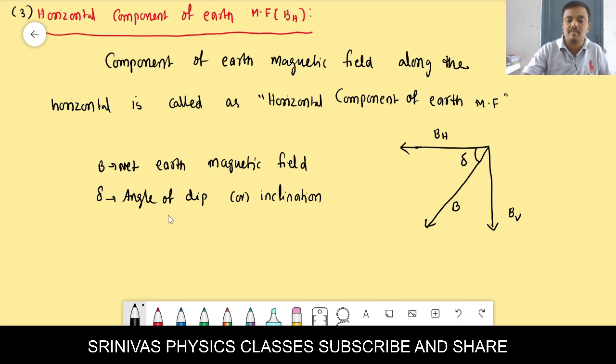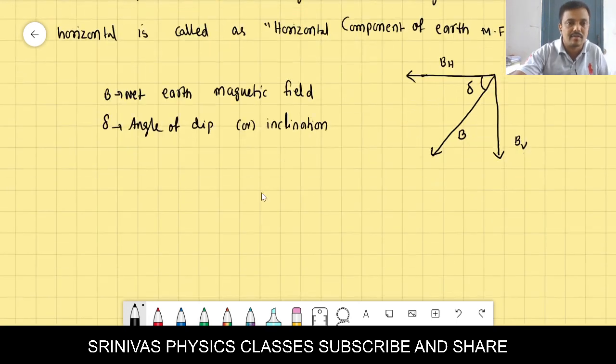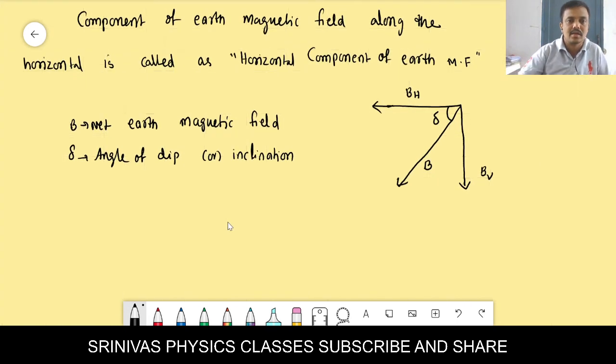Now, the horizontal component of earth magnetic field from the figure. What is it? This is just B cos delta and this is B sin delta. You know very well, resolving the net earth magnetic field into components.